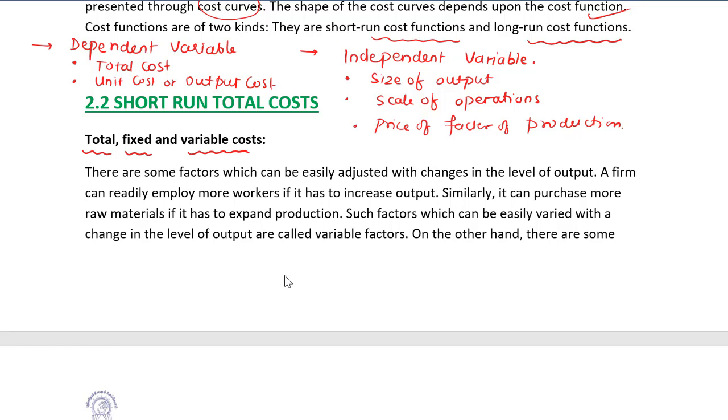There are some factors which can be easily adjusted with change in the level of output. A firm can readily employ more workers if it has to increase output because workers are available. Similarly, it can purchase more raw materials also if it has to expand the production. Such factors can be easily varied with the change in the level of output, called variable factors.